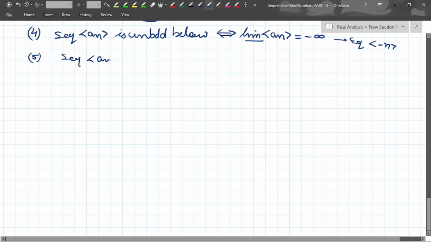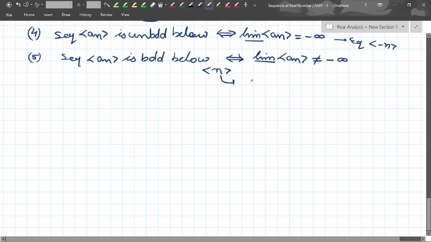Next, if my sequence is bounded below, then if and only if the limit infimum of a_n will not be equal to negative infinity.